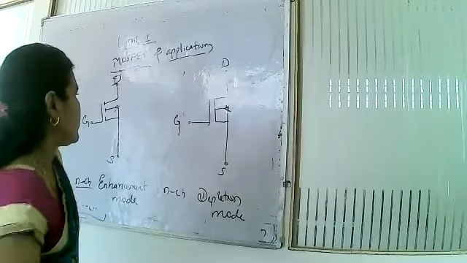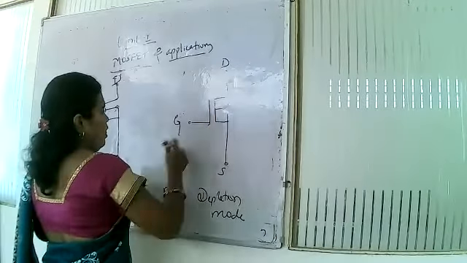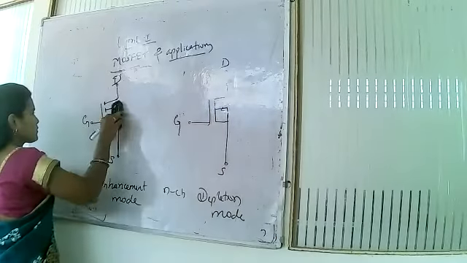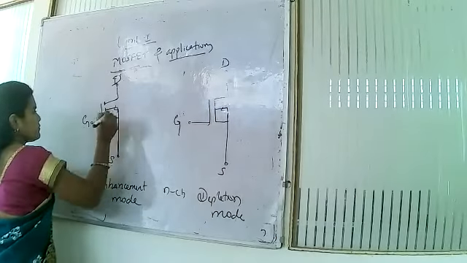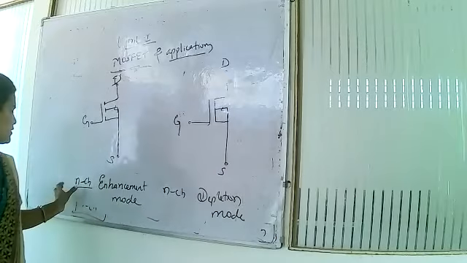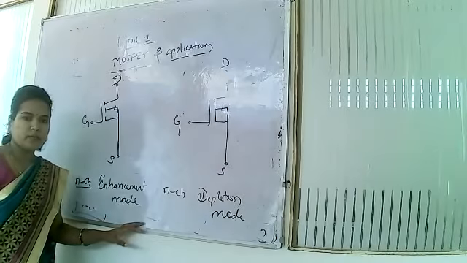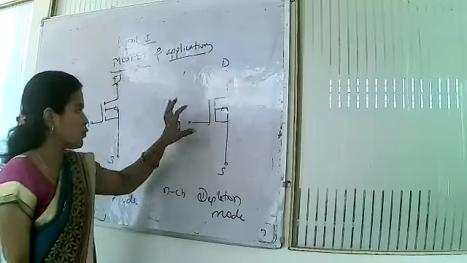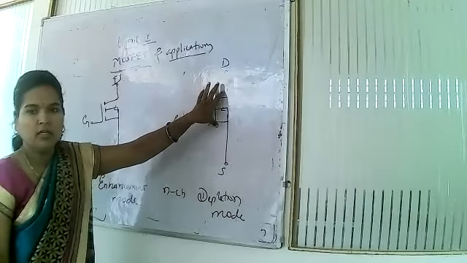How to show this? Like this. This is regarding the N channel enhancement mode and N channel depletion mode.